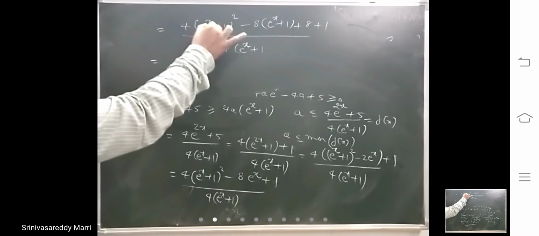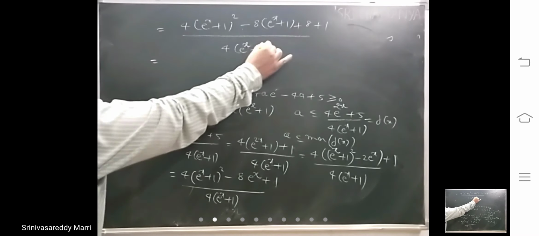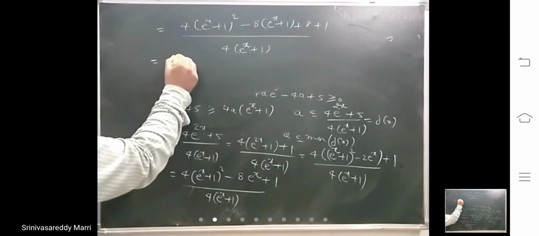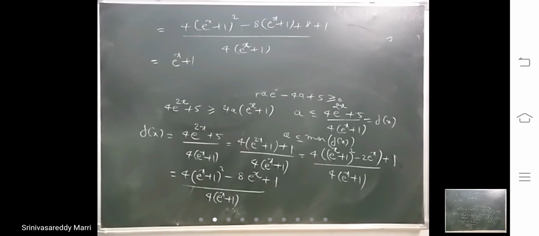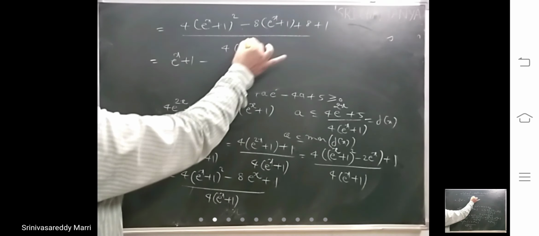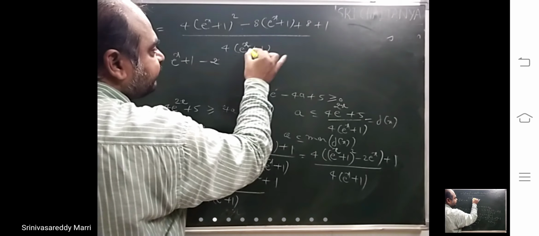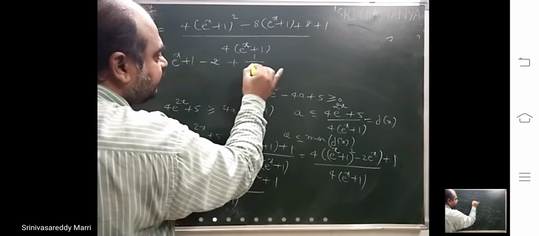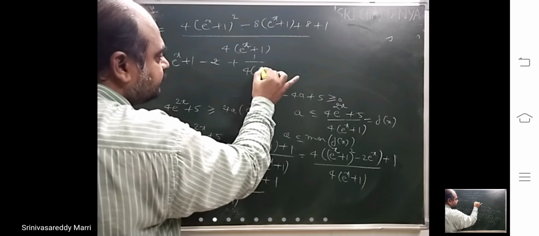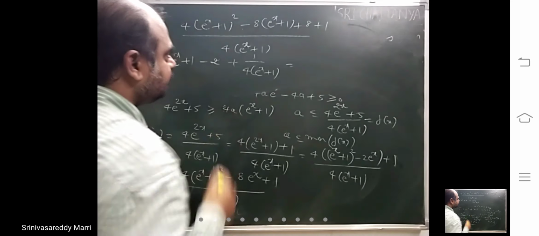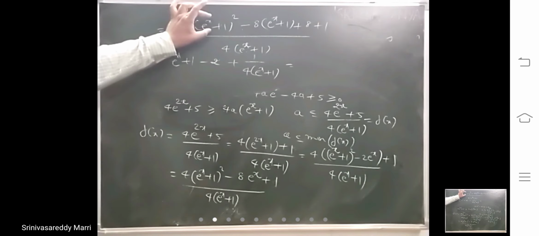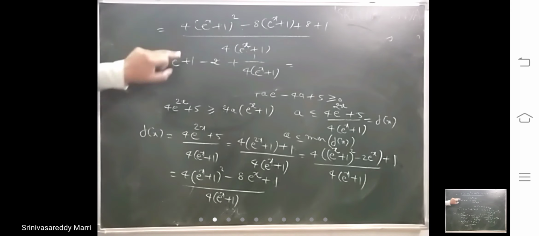Now split this, this divided by this will give you e power x plus 1, right? Minus this divided by this means minus 2. This divided by this means you will get 1 divided by 4 into e power x plus 1 into 4 will get cancelled.